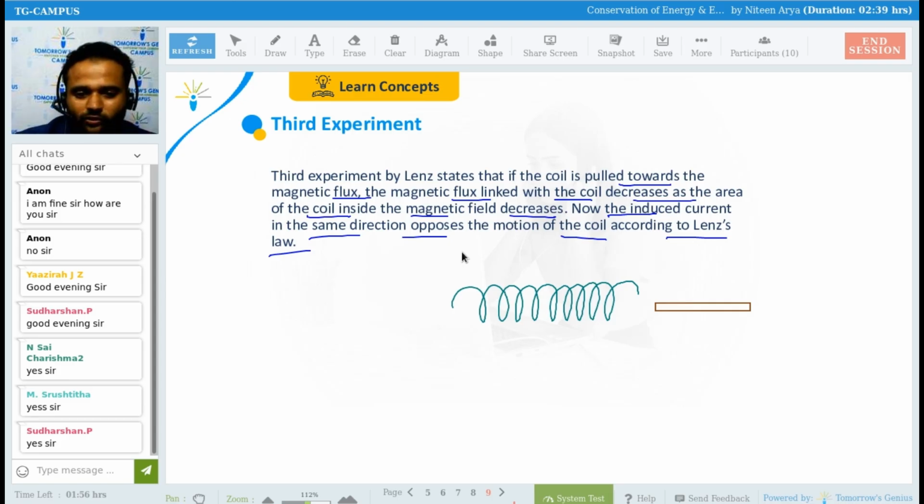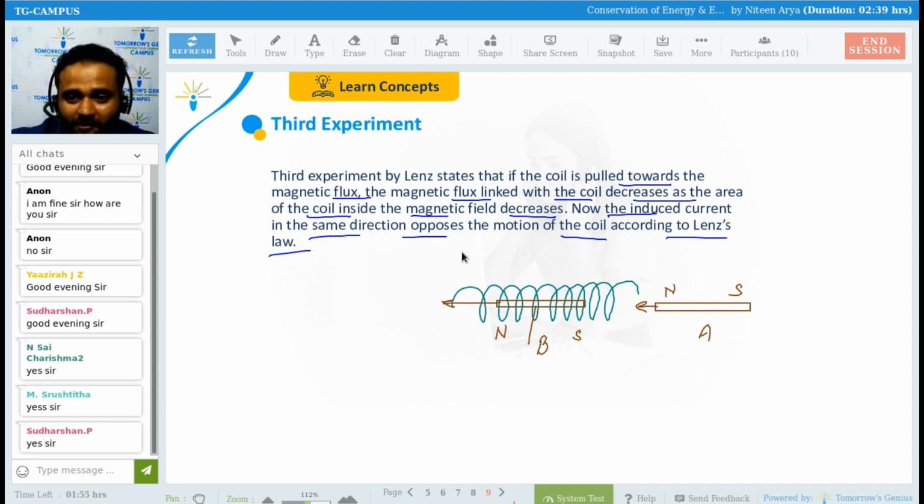What if it is going to be here? Obviously, at a particular moment it is at position B. This is your initial position, moving in this way, again north south. Now it is B, again north south. The north south of this magnet is not going to change, but this is going to change because it is temporary, so the poles are going to change, isn't it?